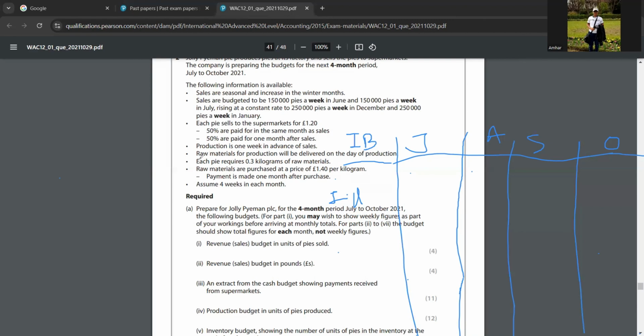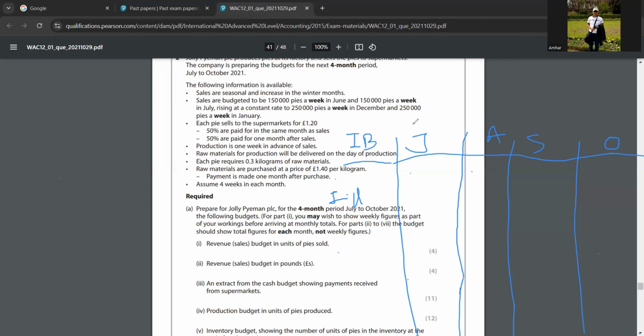Okay, so what you can do is they are telling you raw materials for production will be delivered on the day of production. So same day, don't need to worry. So what you have to do, now you got answers from this production budget, right? For the next month, for this 1 week in advance, production for next month. So same answer.